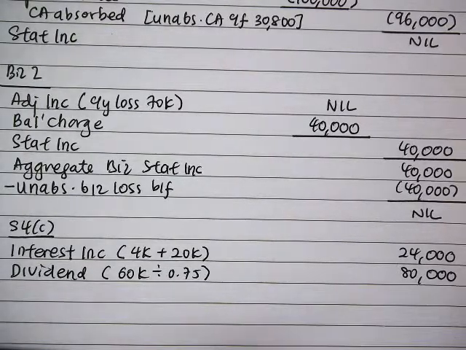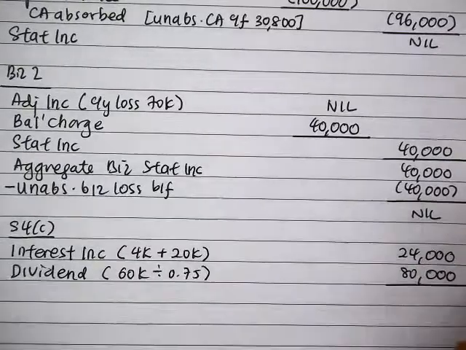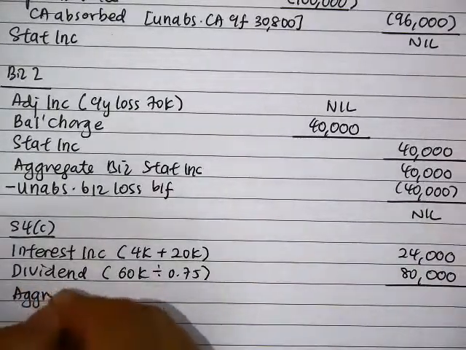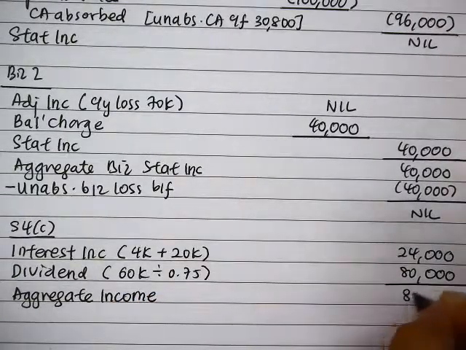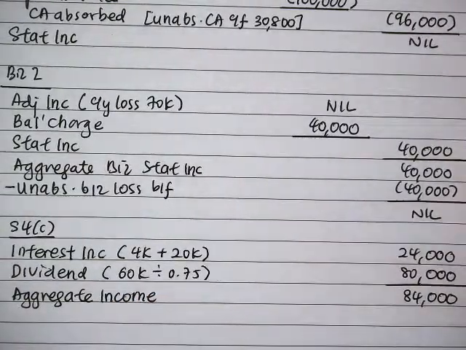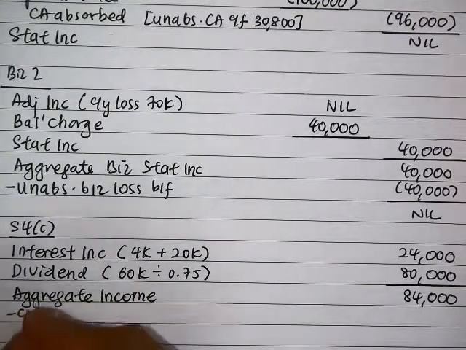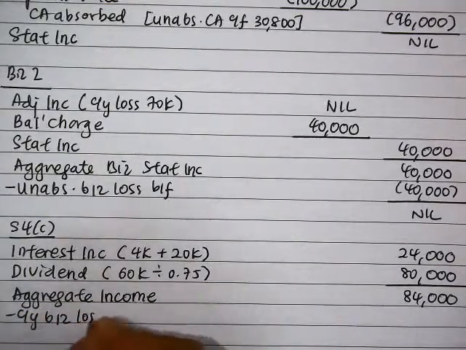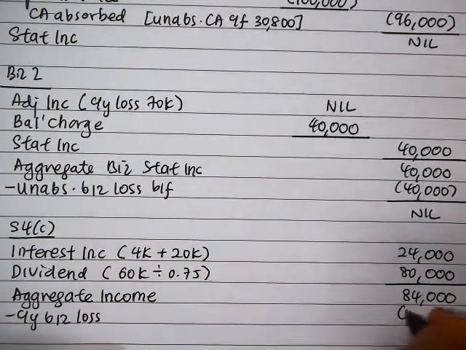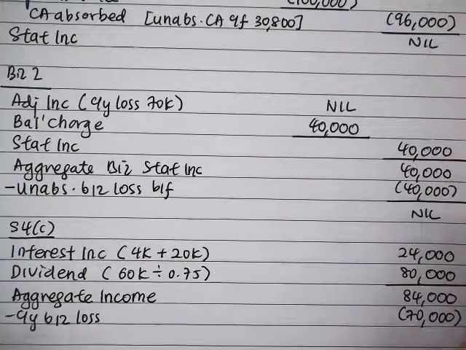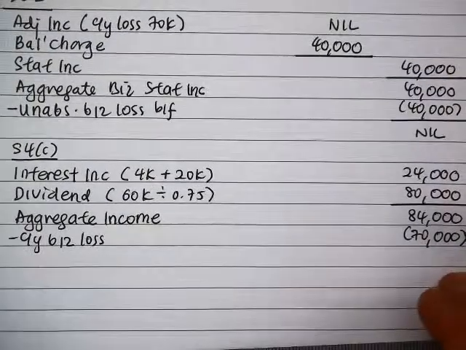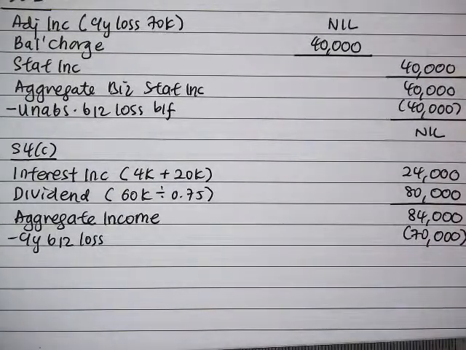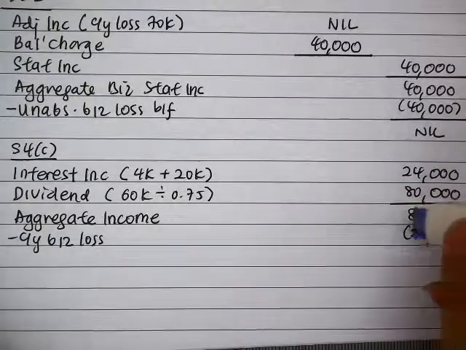Okay, that's it. Now aggregate is 84. See, we have current year business loss that you got to claim first, which is 70,000. Sorry, 104.